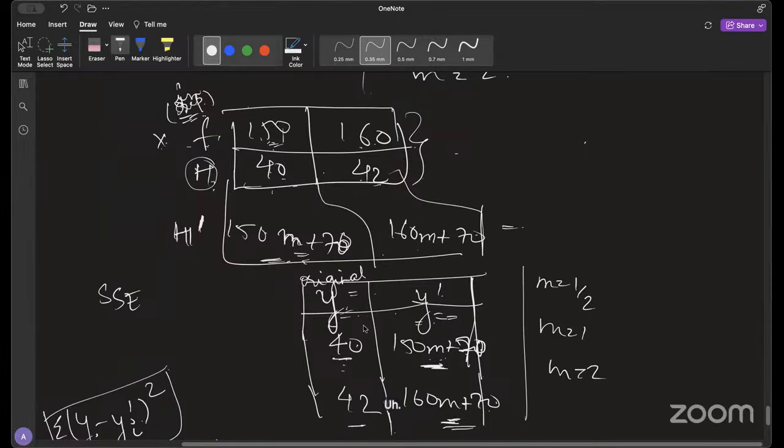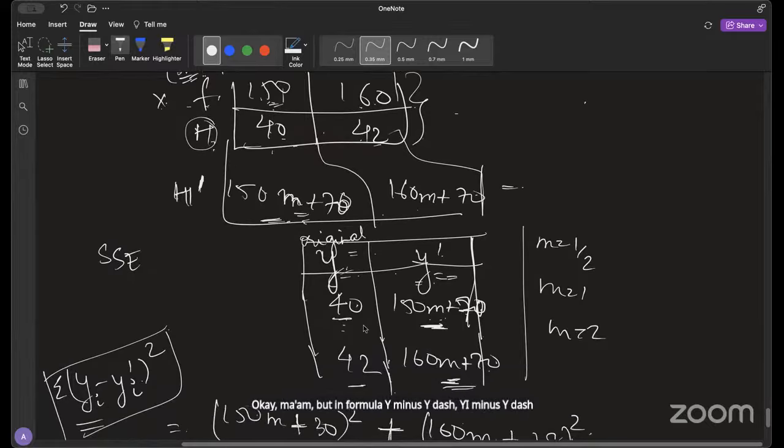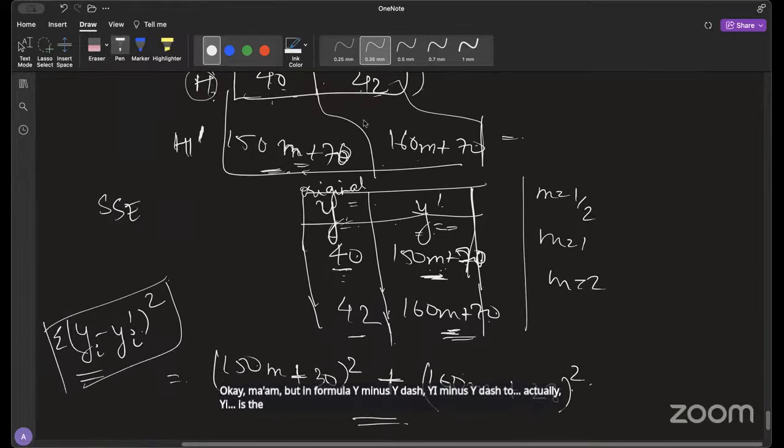Okay, ma'am, but in the formula yi minus yi dash, so actually yi is the original data. Yi is this thing, yi dash is this thing.